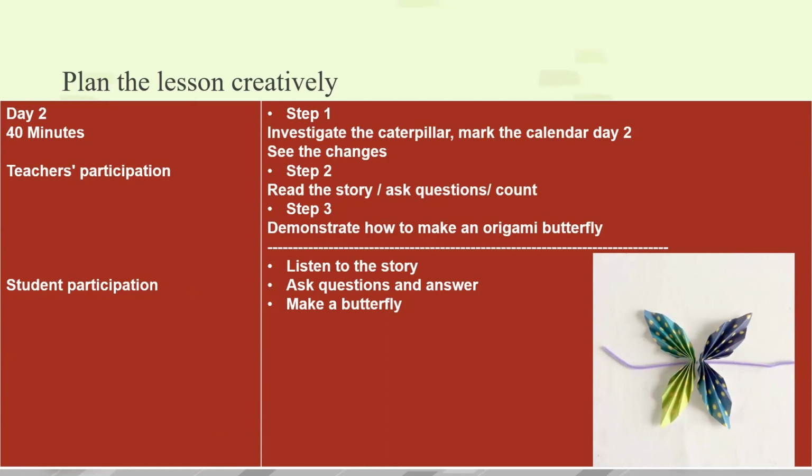So on day one, one thing, day two, two things, on day three, three things, on the fourth day, four things, like that and so on. After children listen to the story, I'm going to involve them in the story, ask questions, and make them count.